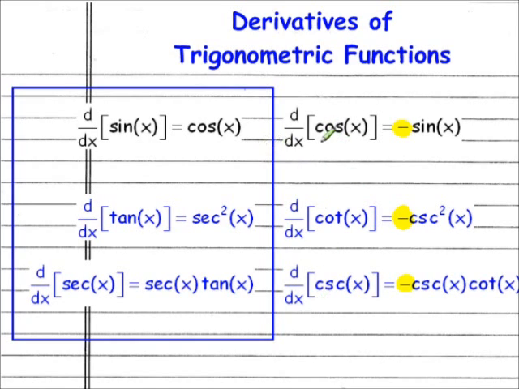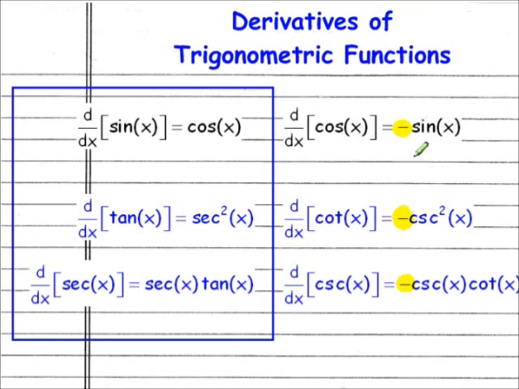These are the cofunctions. Cofunction of sine is cosine, cofunction of tangent is cotangent, and cofunction of secant is cosecant. It's going to be important to memorize these three. If you memorize these three, then you see the similarities over here.